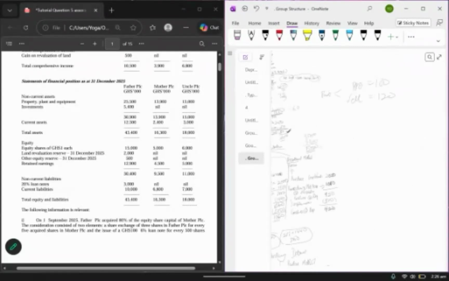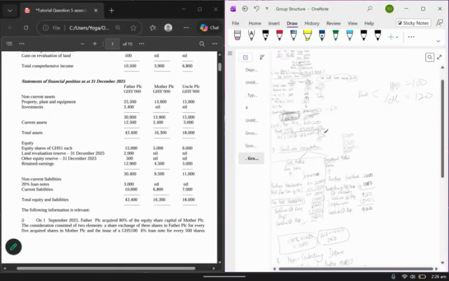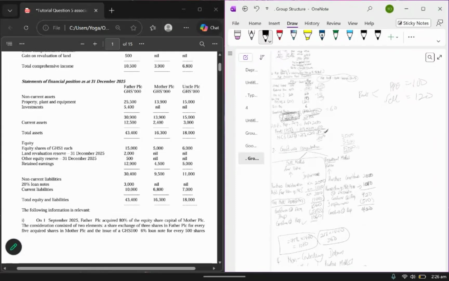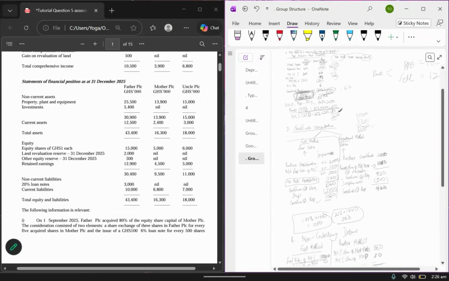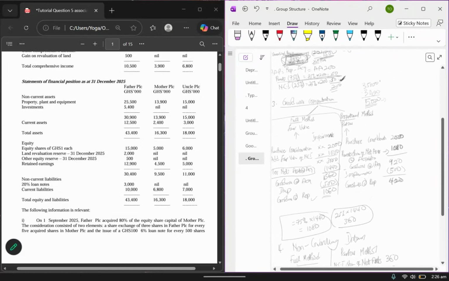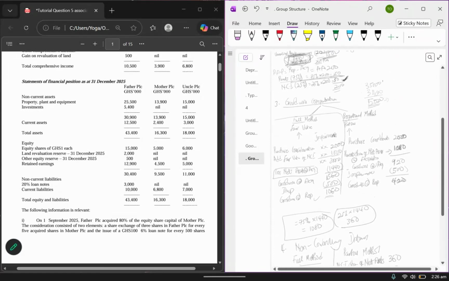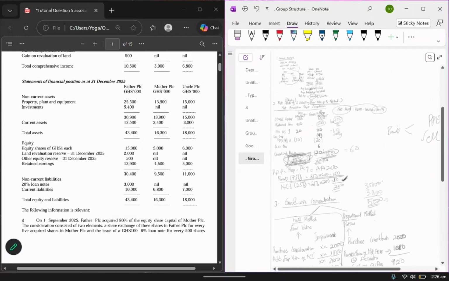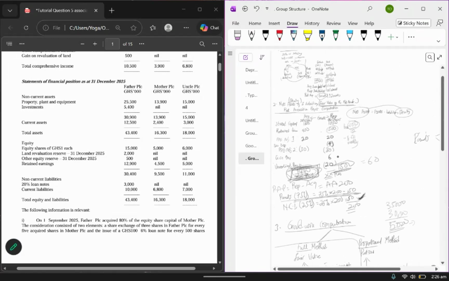So you calculate the depreciation on that profit, or you spread that profit over the useful life, and then you add it back to the subsidiary's profits. We would add it to the subsidiary's retained earnings here.